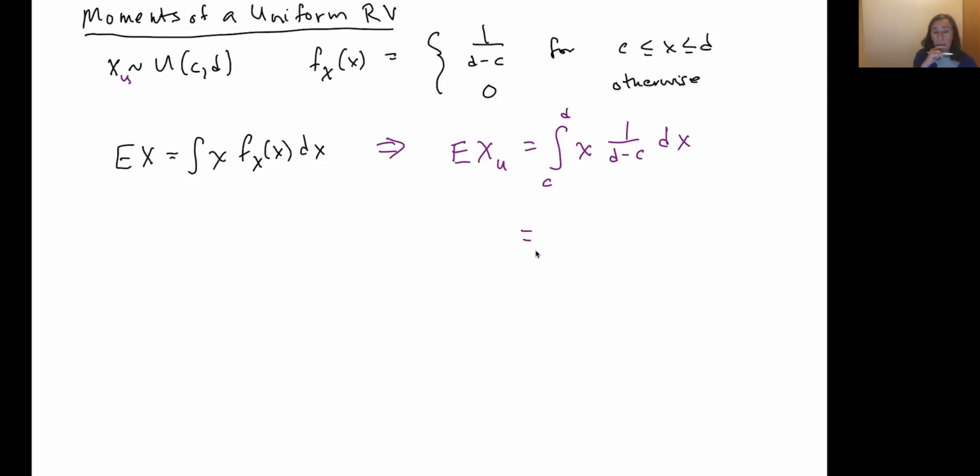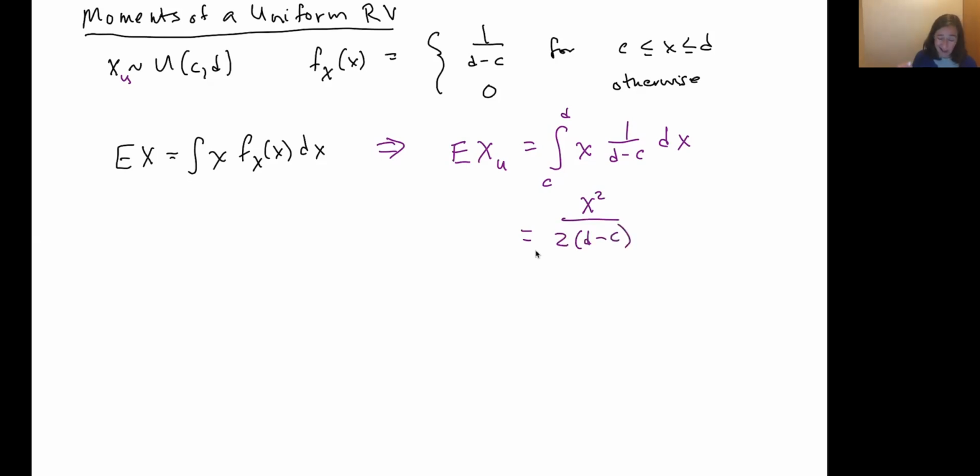So the derivative of x squared over 2 is x. And this constant just comes along for the ride. So evaluating that indefinite integral, doing the antiderivative step here, gives me x squared over 2 times d minus c.